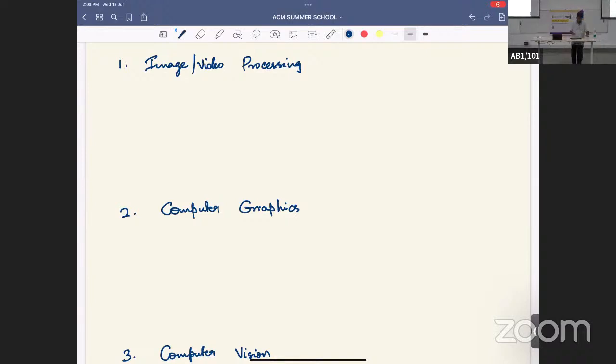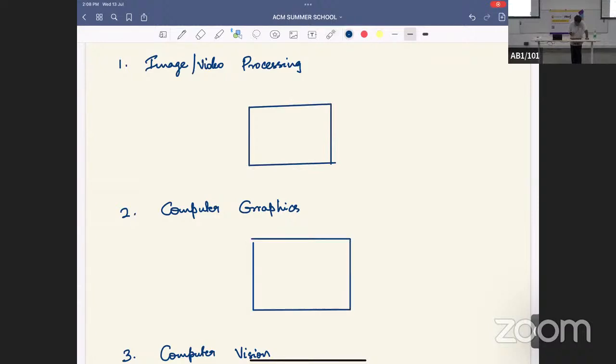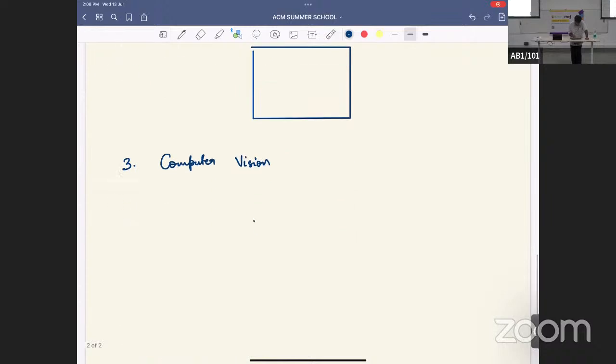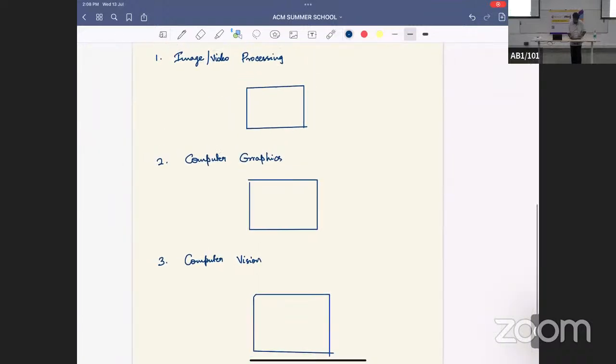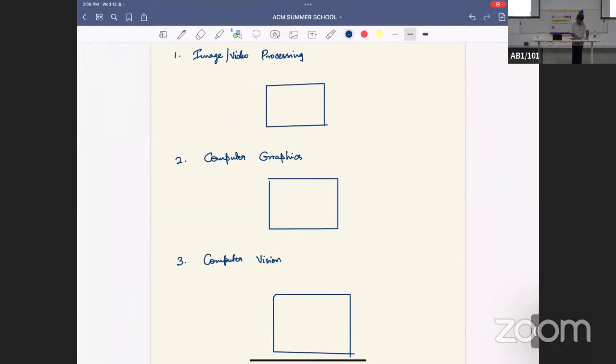Okay, so let's draw some blocks. Let me draw one block. This is the image or video processing module. This is the computer graphics module, and this is the computer vision module. Every system takes something as input and gives something as output. Let's mark them.